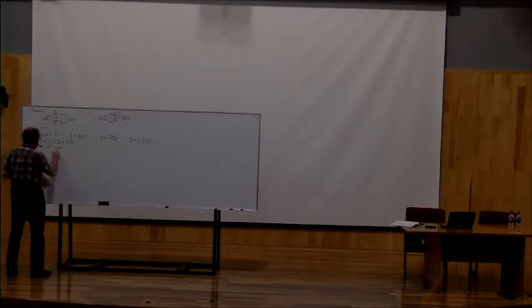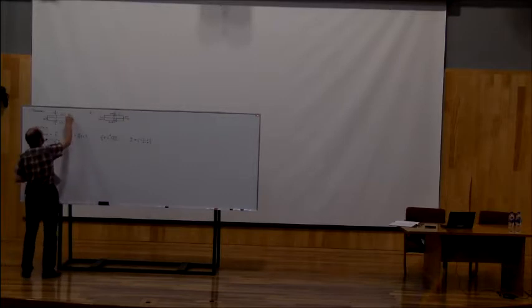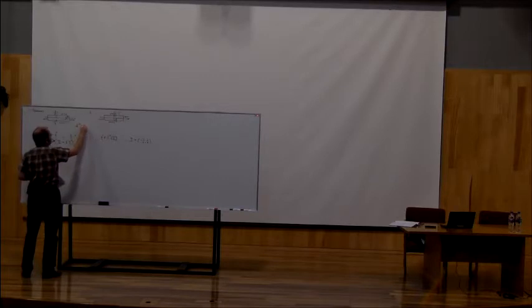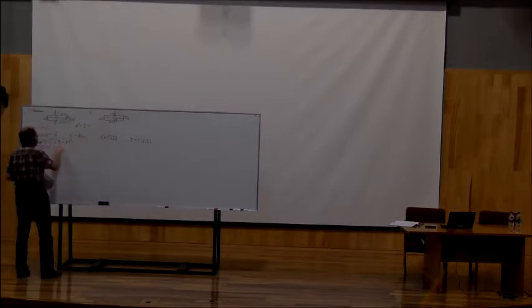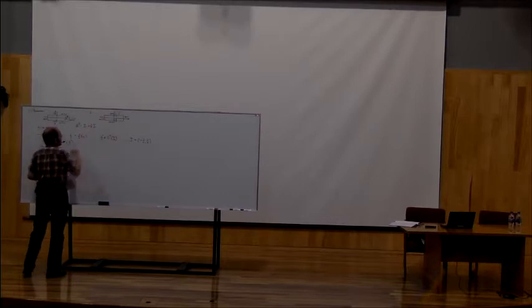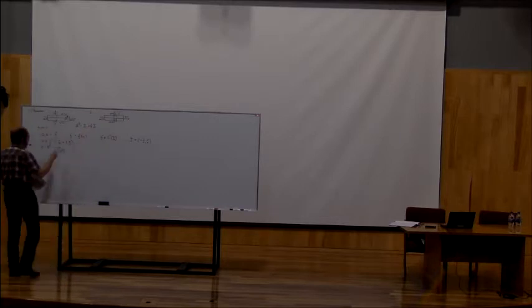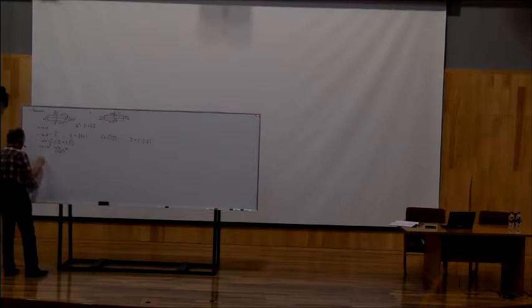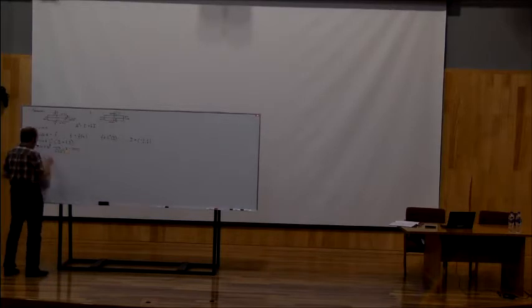So this converges strongly in L2 on this domain, which I call omega h, to u, which solves the problem. u does not depend on x2, and u solves this problem.